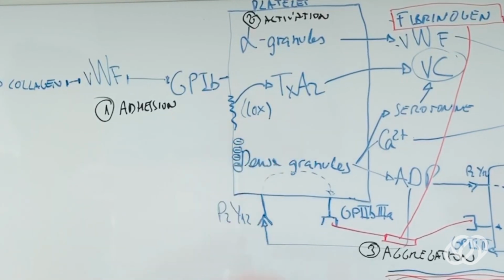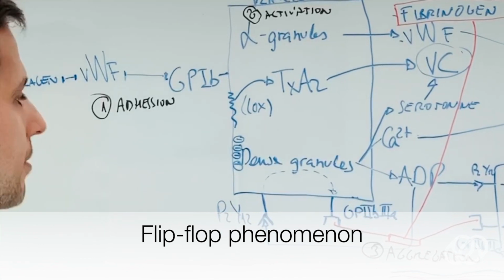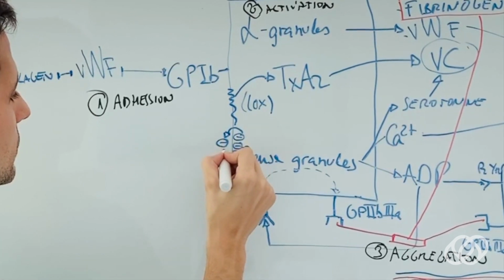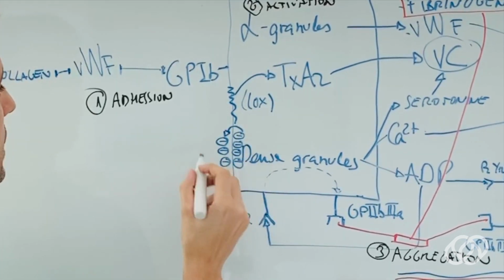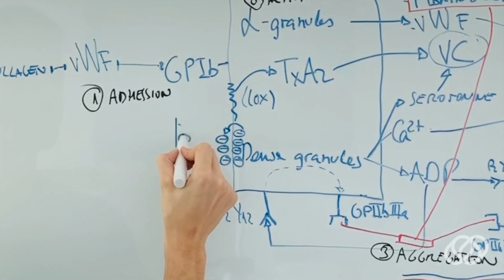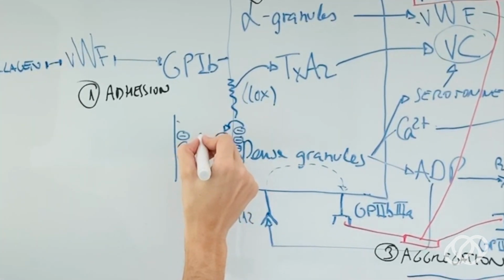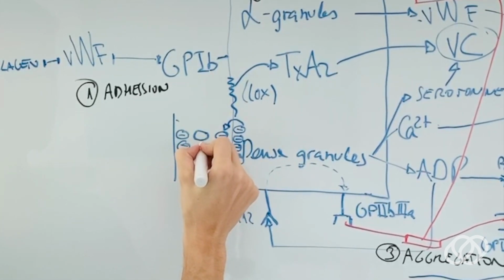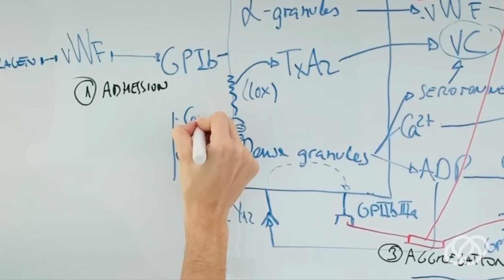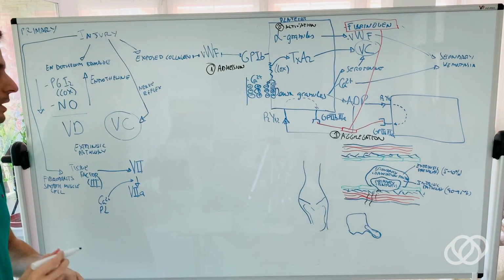When the cell gets activated, it goes through a phenomenon that is the flip-flop phenomenon, where those negative charges go outside. And if we have another cell here with negative charges, we need a positive charge in the middle to be able to join these cells. And in that case, this positive charge is usually calcium. That's why calcium is very important in coagulation.